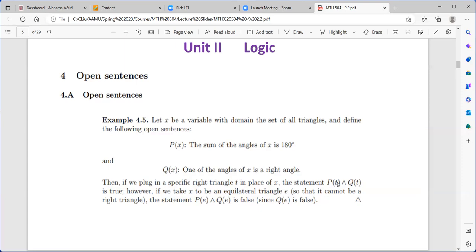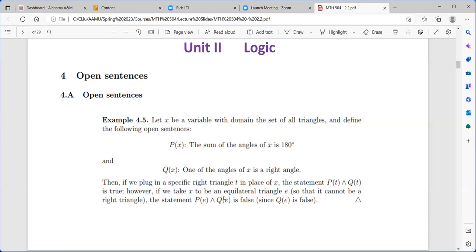P is always true for any triangle, and Q is true if the variable takes the value of a right triangle. Okay, so then you take the conjunction. It's true.